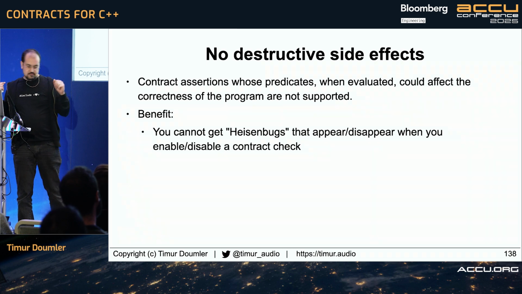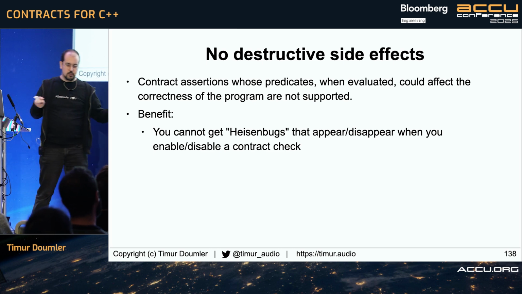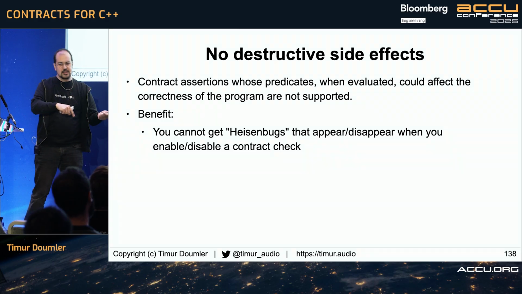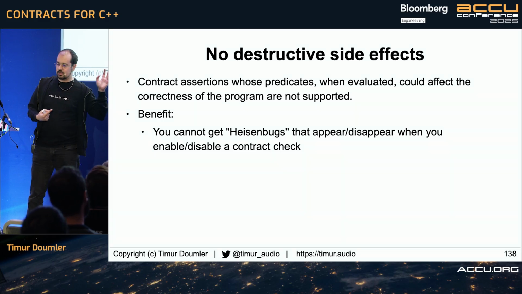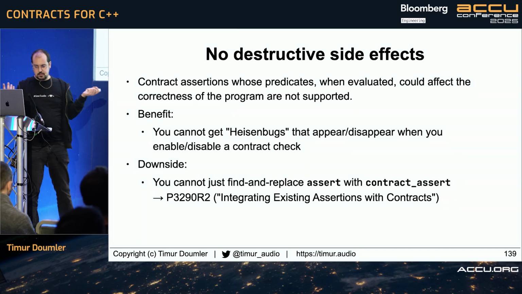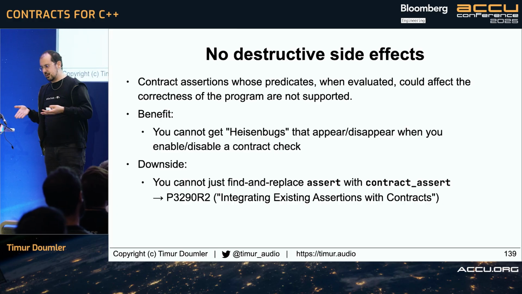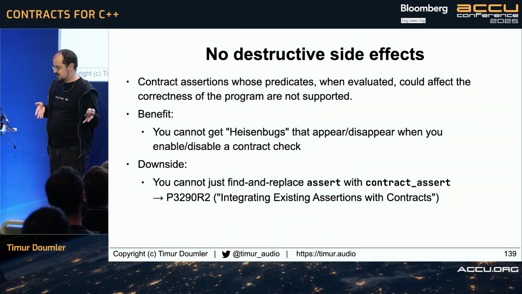The benefit of that, which is great compared to C assert, is that you cannot get these Heisenbugs where you put an assertion there, or you turn it on, and the bug disappears. You turn it off, the bug is there again. You cannot get that with contract assertions. But the downside is that you cannot just search and replace assert with contract assert, because for assert, side effects might work, and for contract assert, they don't.